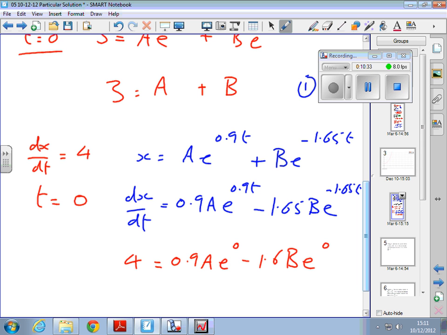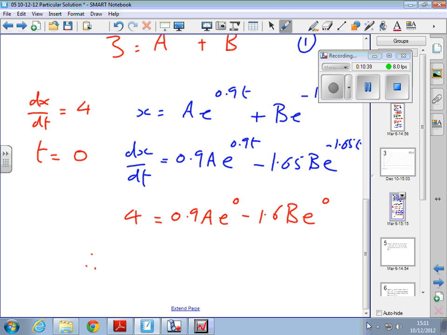And anything to the power 0 is 1. So therefore, 4 equals 0.9a minus 1.65b. And that's equation 2.